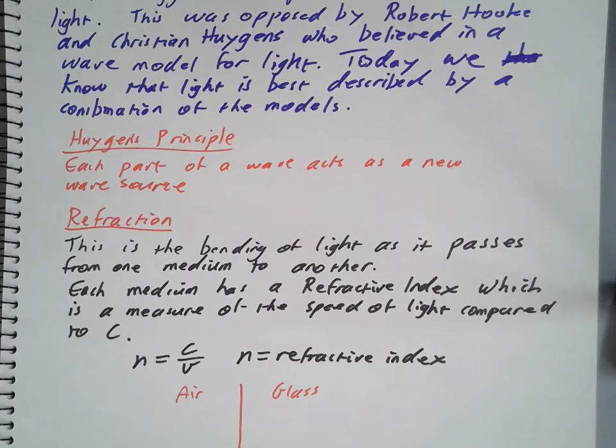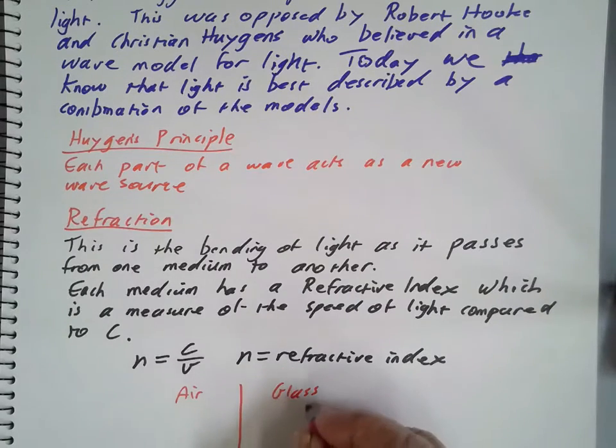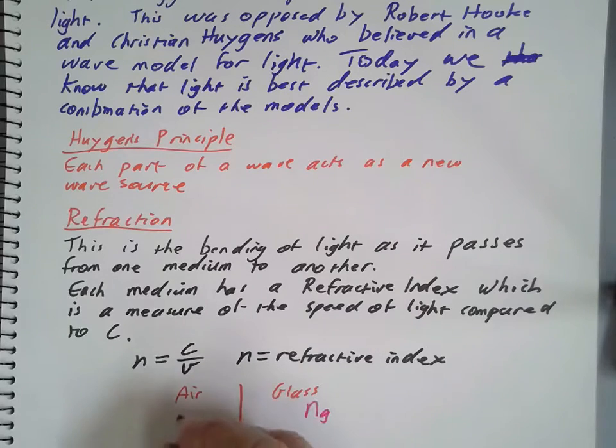Okay. Let's have some nice pink light. Theta 1, theta 2. So glass will have N glass, air will have N air, but N air equals 1.